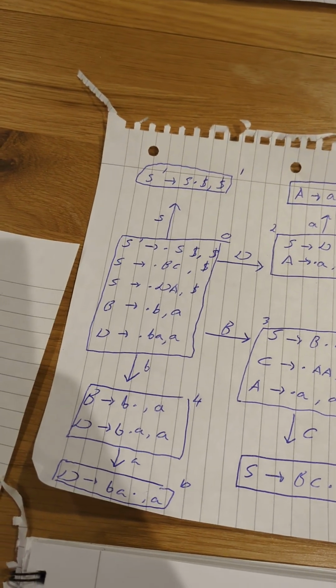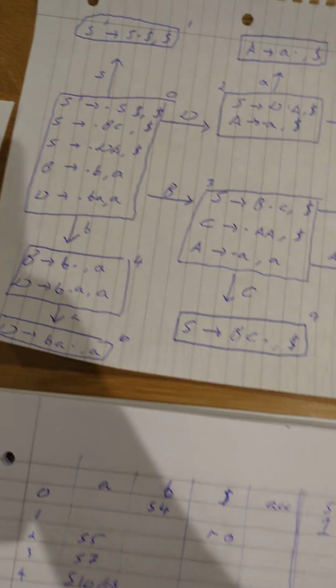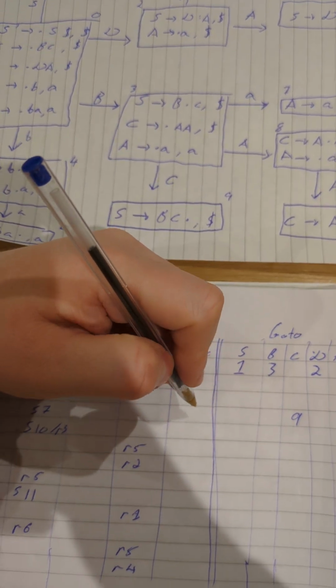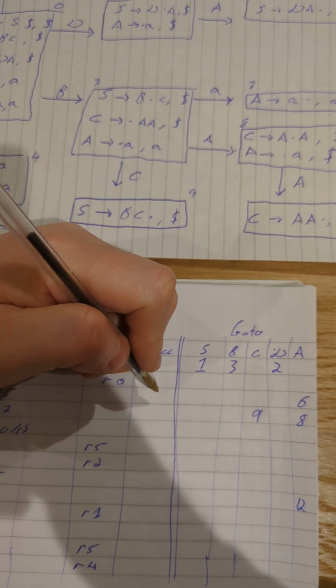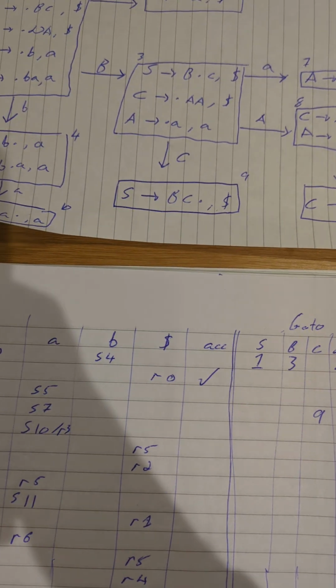I think we'll just take it out. I'll double check that after this video, after I'm finished filming. So state 1, dollar, accept. But I think it's similar to what happens in LR0.